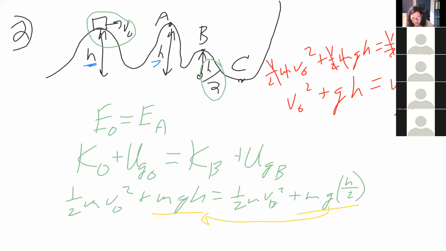And so conceptually, you'd expect that your speed at point B would be higher than it was initially, right? Because you've turned some of your potential energy into kinetic energy. And that is essentially what you'll get here, because you'll have your initial speed and then some factor involving the height and the acceleration due to gravity, which will give you a greater speed.